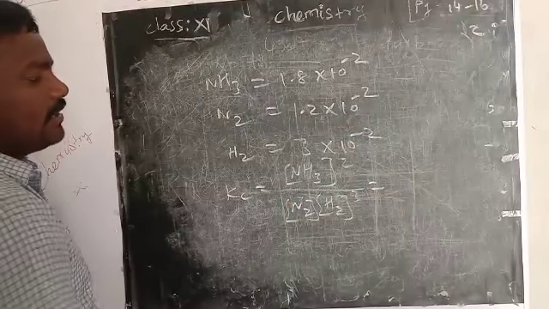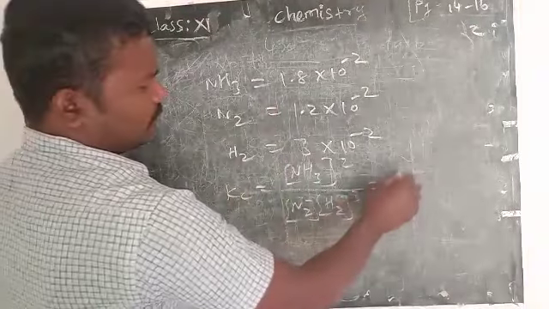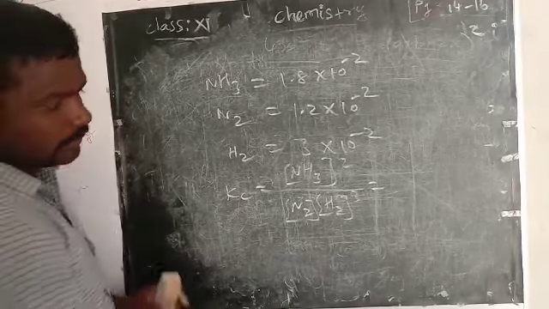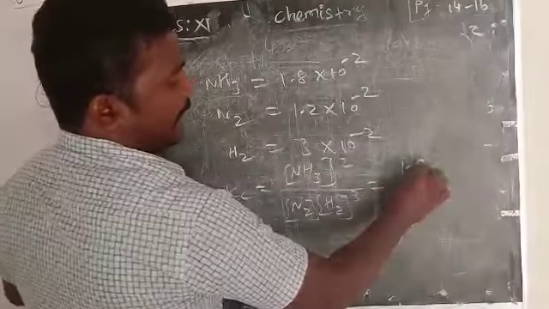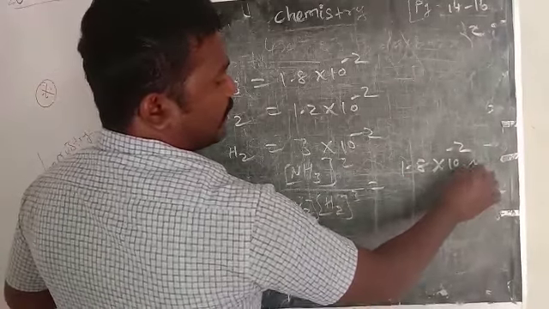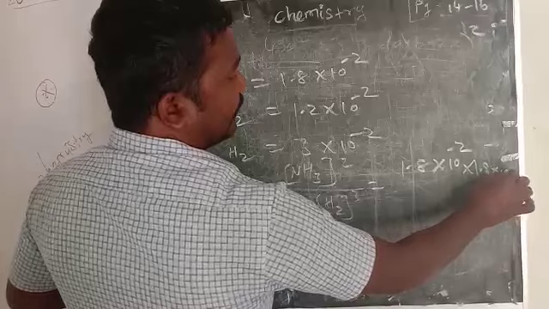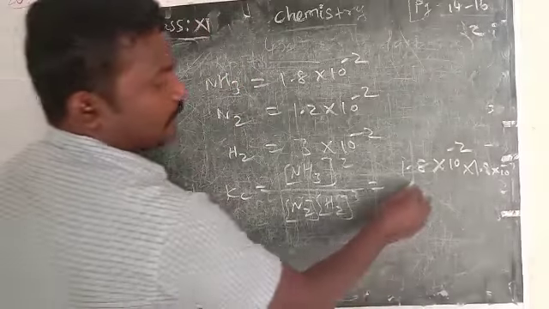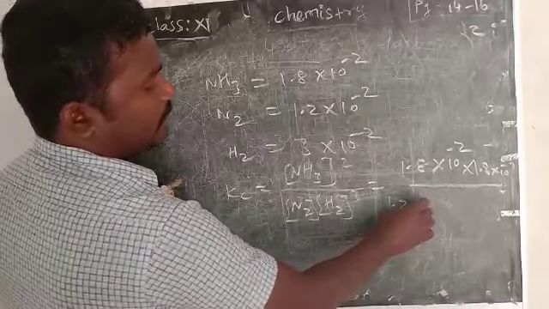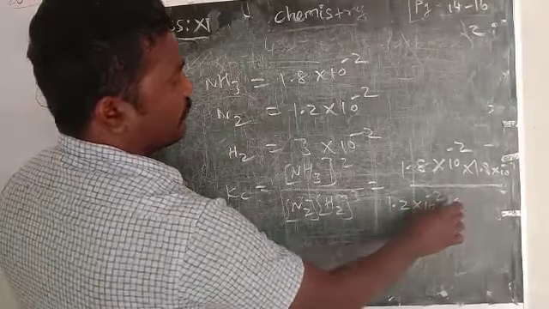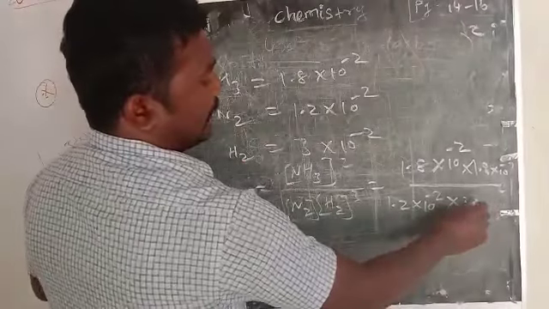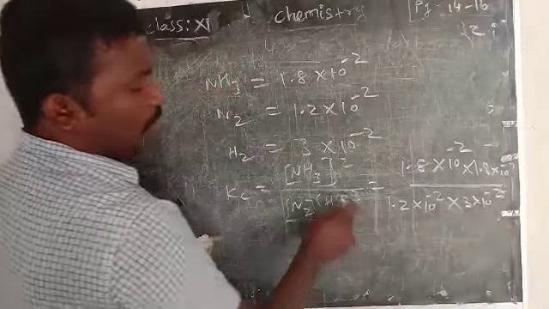So the NH3 value is 1.8 into 10 power minus 2 whole square. Again you can write 1.8 into 10 power minus 2 divided by the N2 value 1.2 into 10 power minus 2, into the H2 value 3 into 10 power minus 2 whole cube.